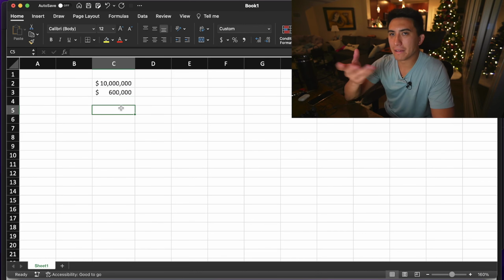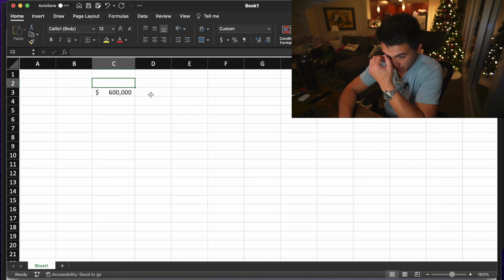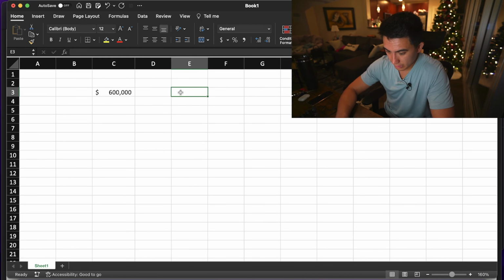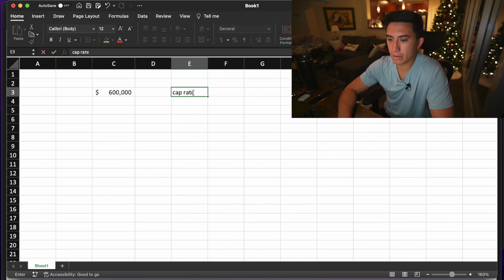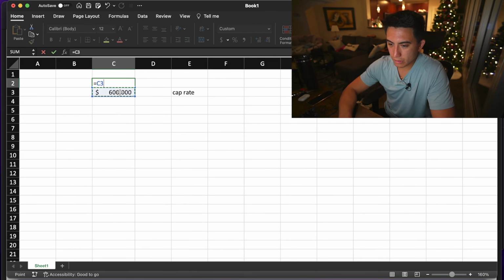All right. And now this is an inverse relationship, right? The higher the cap rate, the lower the purchase price is in comparison to the NOI. So let's say we know a property is making $600K, and here is the cap rate. We're going to put the number in here and do equals this divided by this.